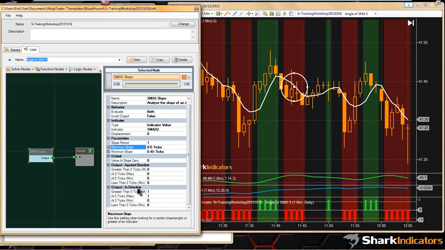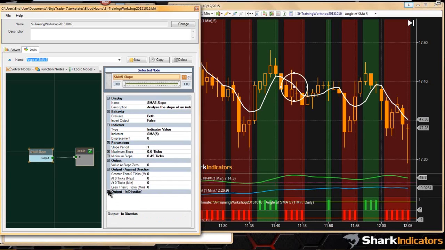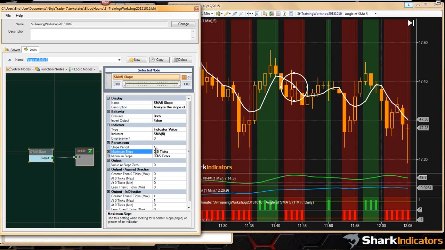The next thing we'll have to do is come down to our output section. If we're trying to find a specific slope range or a specific kind of angle, then we want to turn the greater than slope off.